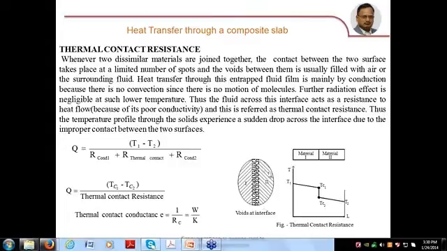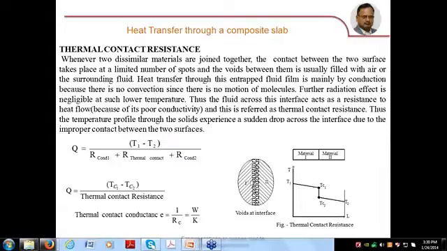For example, look at this figure. Material 1 and material 2 are joined together, but at the micro level, if you see, you have the projections, so the material will not come in complete contact with the other material, so these void spaces are filled with air.